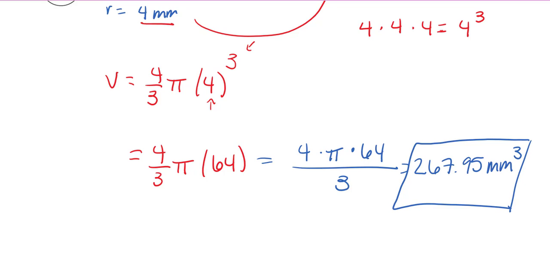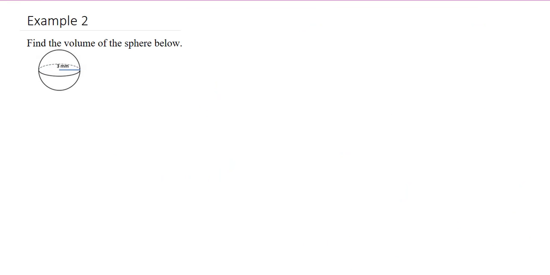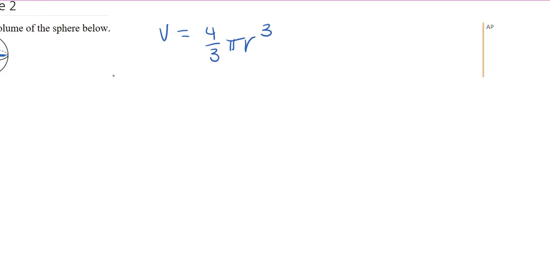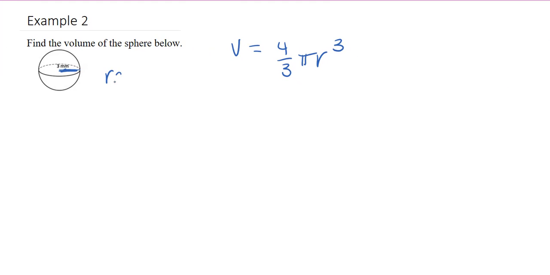Now let's look at another example. Example 2, find the volume of the sphere below. We can see that this line is only halfway, so this is our radius. So this is our formula. If our radius is equal to 3, we're going to plug that into where we see r and just substitute it out.